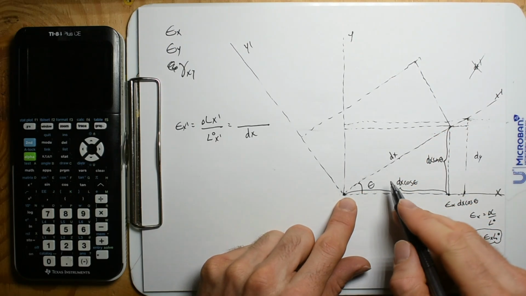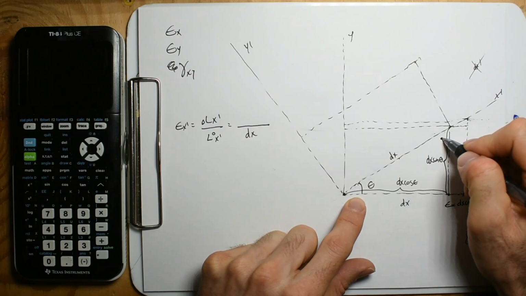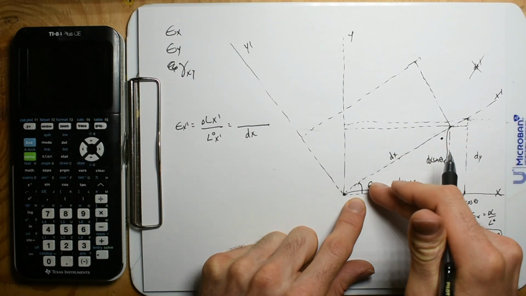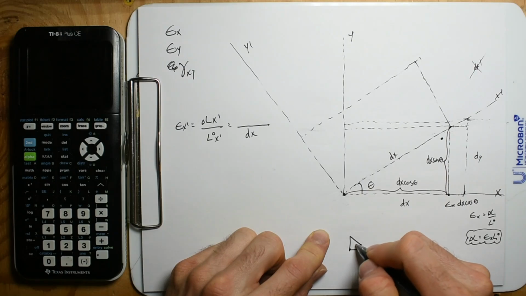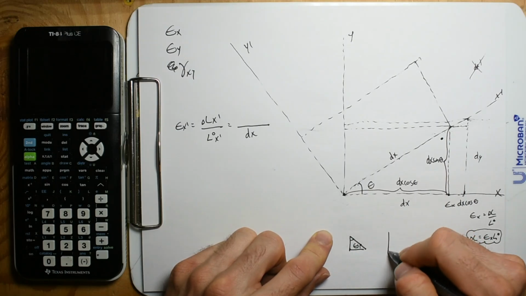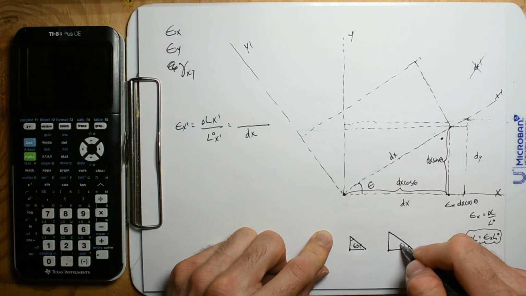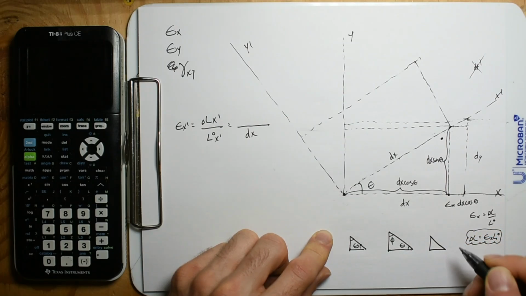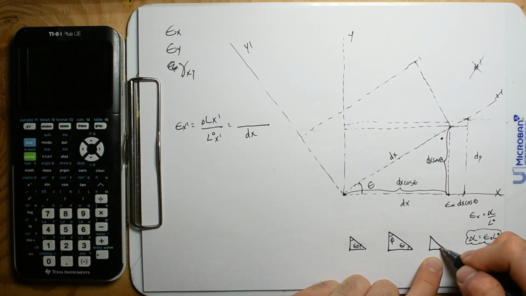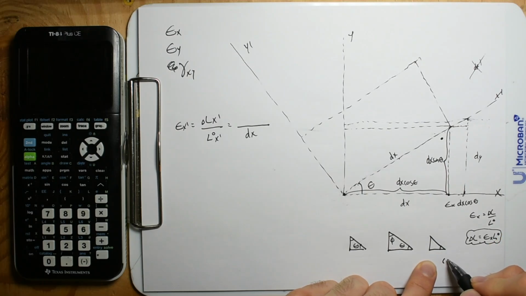Now for this, if this is theta, I'm going to put a dot. That's going to be my complementary angle, like theta and phi. So if I have a right triangle and this is theta, this is phi. Because these triangles get small, an angle with a dot is associated with phi, and without it is associated with theta.